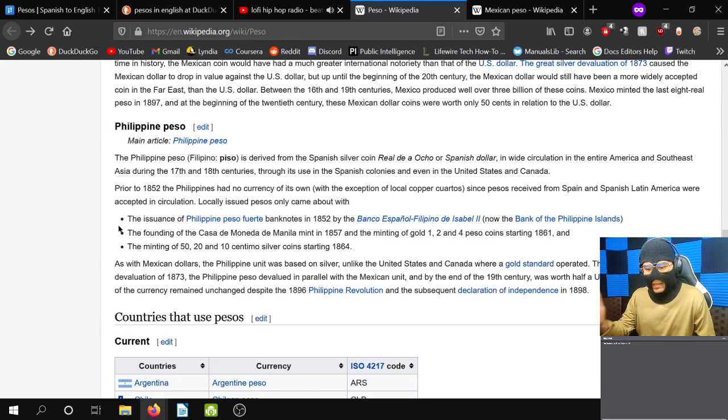The founding of the Casa de Moneda de Manila Mint in 1857, and the minting of gold 1, 2, and 4 peso coins starting 1861, and the minting of 50, 20, and 10 centimo silver coins starting 1864. So all that said, yeah, you don't really need to know the history of it.